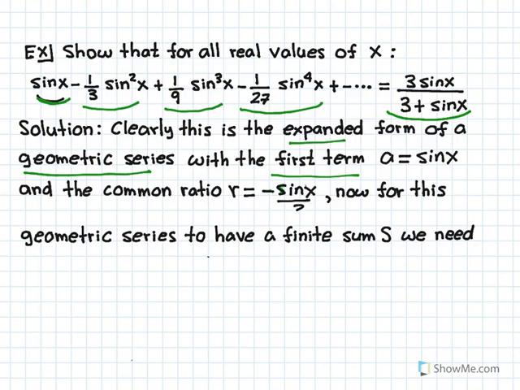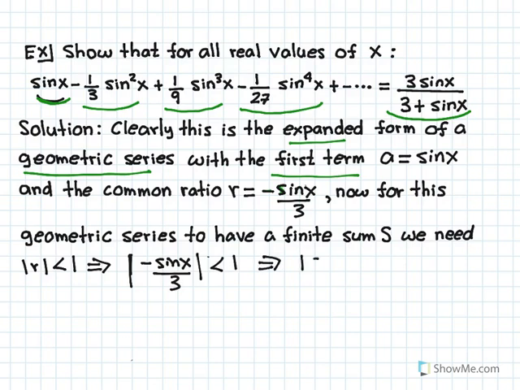Now, for this geometric series to have a finite sum s, we need the absolute value of r, the absolute value of the common ratio, to be less than 1. That means the absolute value of minus sine x divided by 3 should be less than 1.